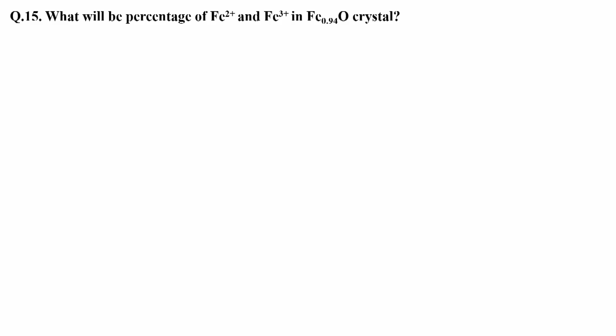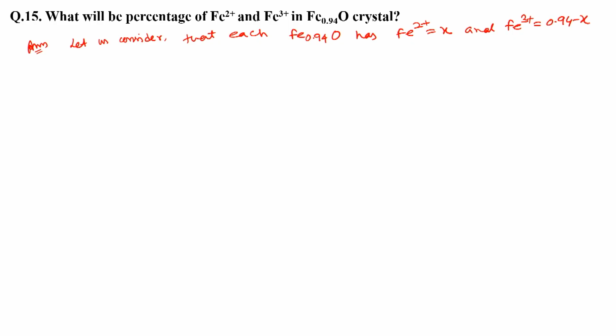So, let us consider that each Fe 0.940 has Fe2 plus ion as x and Fe3 plus as 0.94 minus x, right.